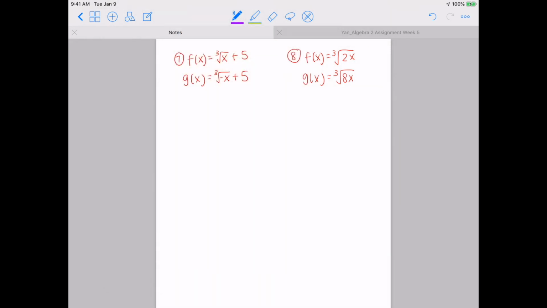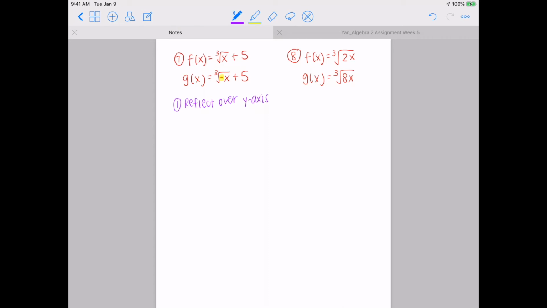For number 7, it looks almost exactly the same, except for this negative right here. That one should be pretty straightforward. You only have one transformation, which is reflect over the y-axis.